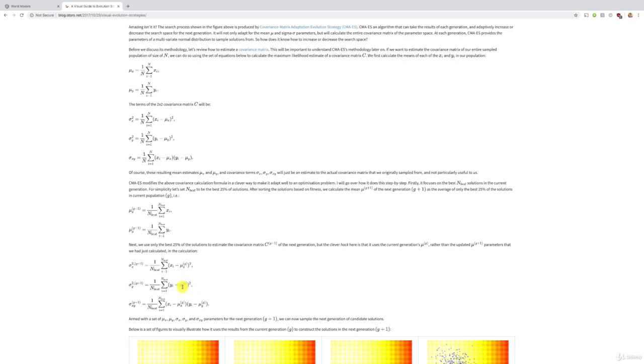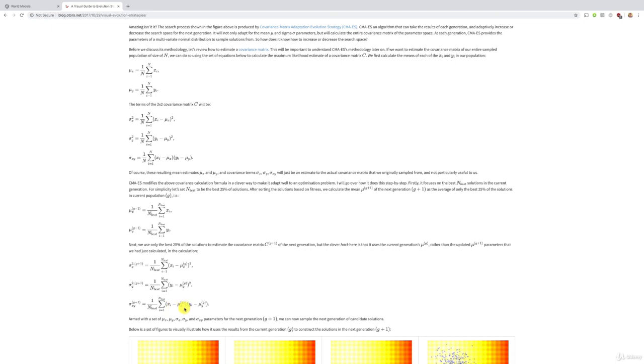Instead of computing as it would be the real computation of that covariance coefficient, you're not going to take the mean of the y coordinates of that new best generation. You're going to take the old one, meaning this one, and then same here for the last two parameters in the second diagonal of the covariance matrix.